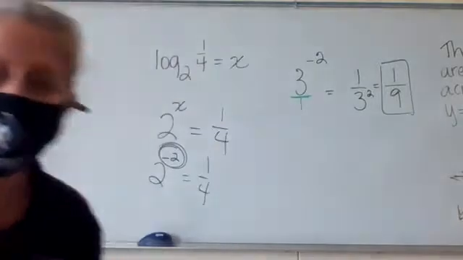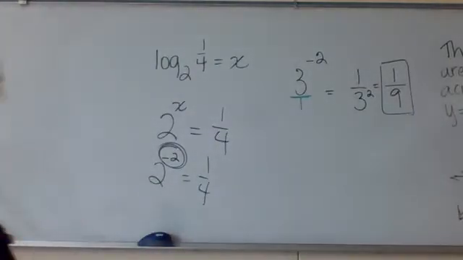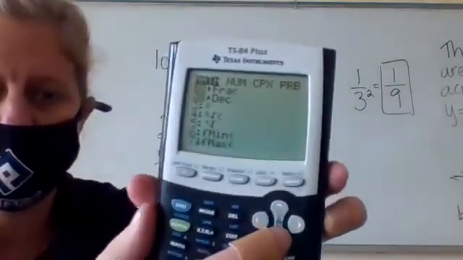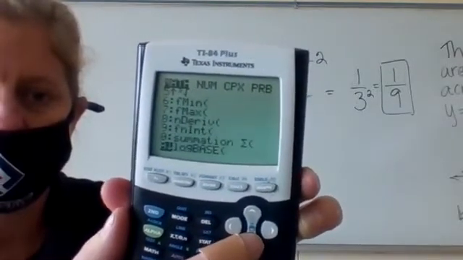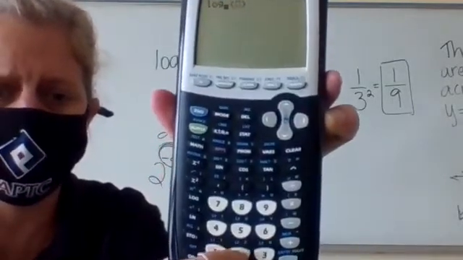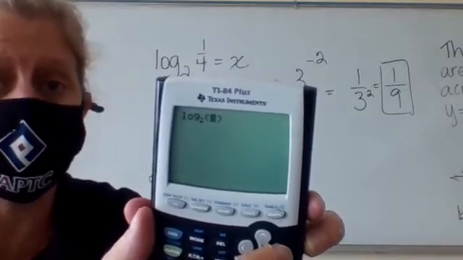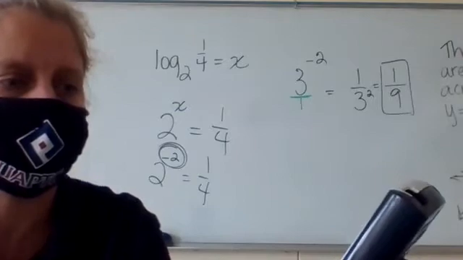Can you put that in your calculator because you're just unsure about that? Sure. Go to your math, down to log base. Log base 2. Right arrow to get out. I type in 1/4, right? Log base 2 of 1/4, so just 1 divided by 4.